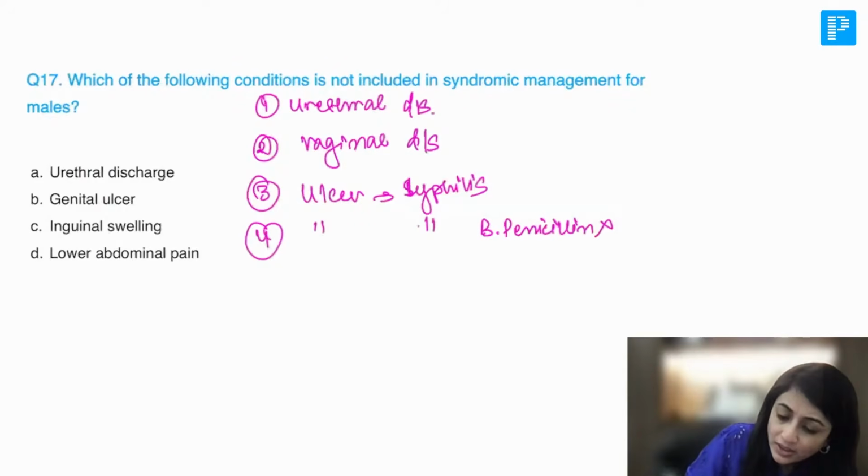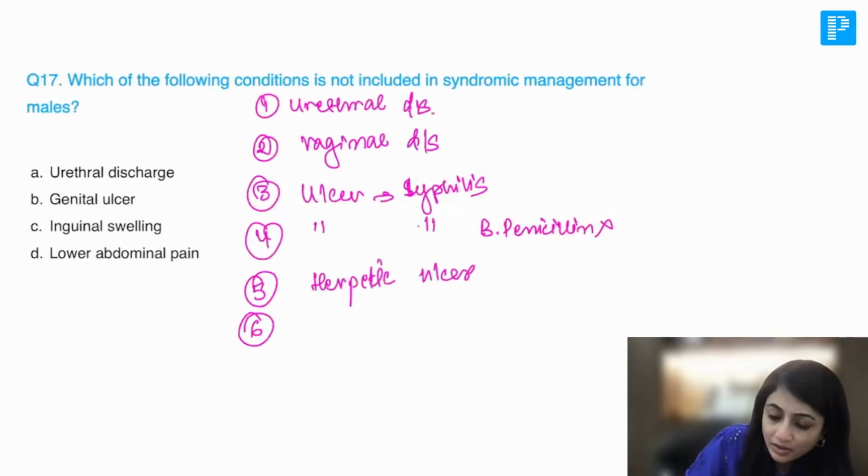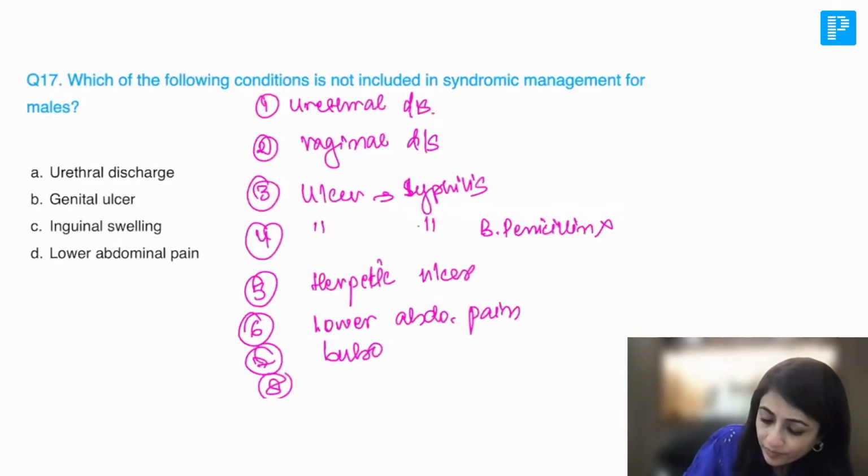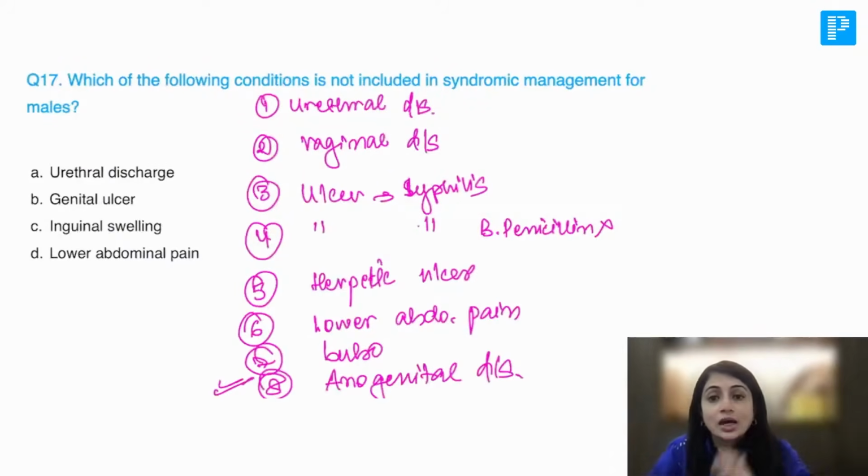Fifth is herpetic ulcer. Sixth is lower abdominal pain. Seventh is bubo. And eighth is anogenital discharge, the new kit which is there for syndromic management.